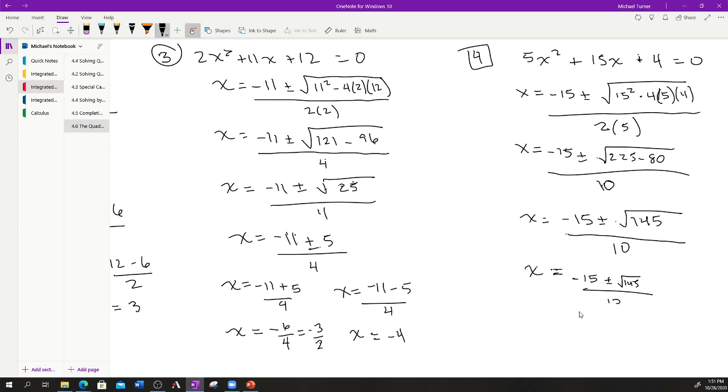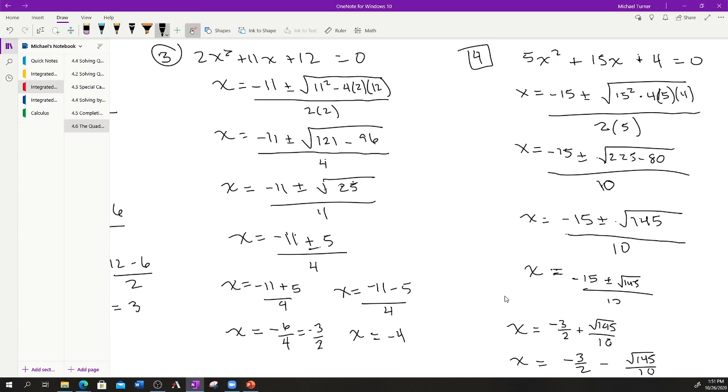So we can still write our answer separately. Negative 15 divided by 10 is negative 3/2. And you would have plus, and you just got to leave it like that, 1 square root of 145 over 10. And then your other answer is negative 3/2 minus square root of 145 over 10.